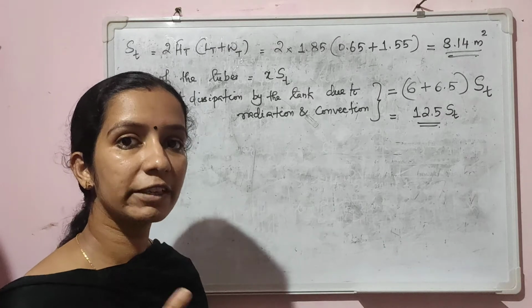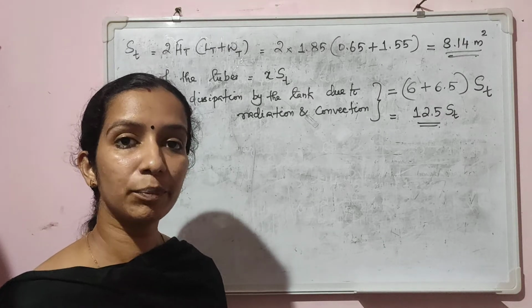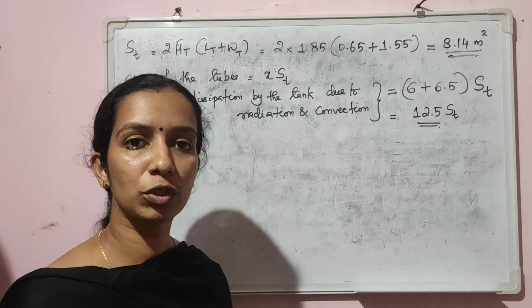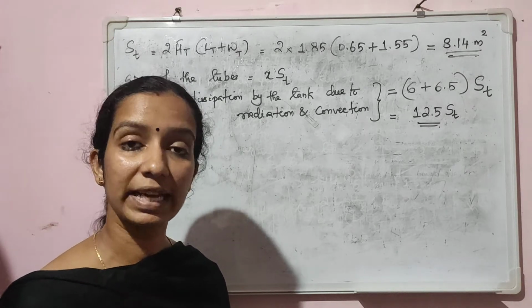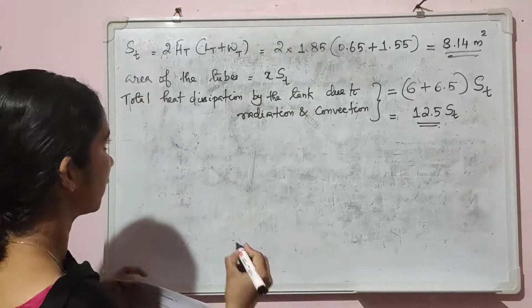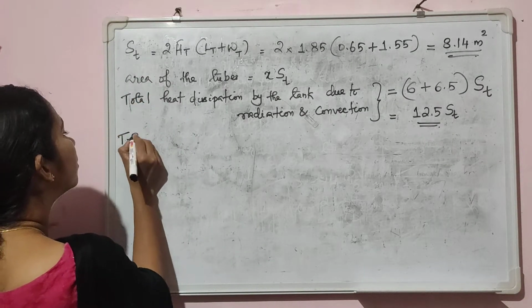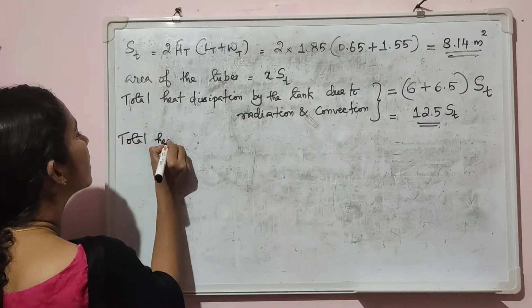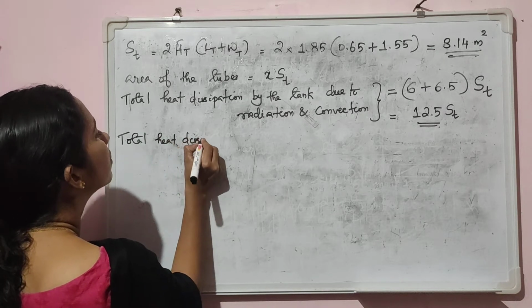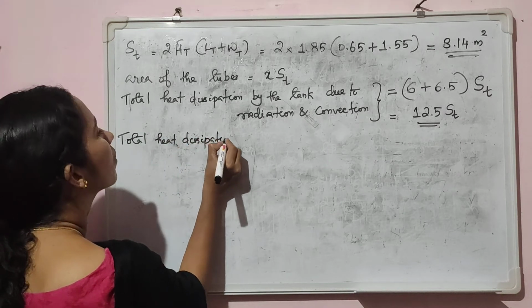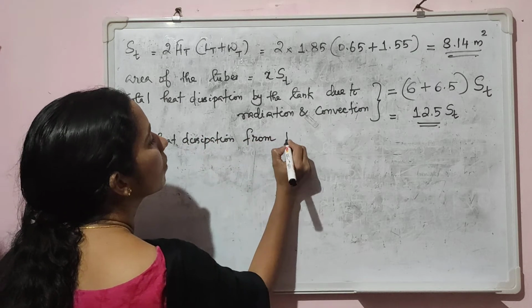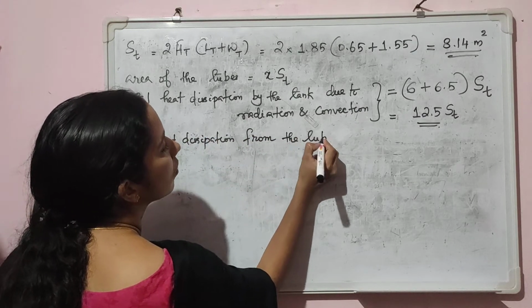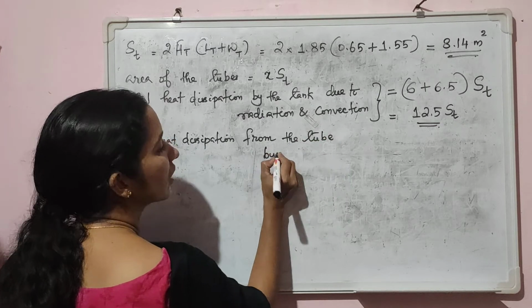And it is given in this question that the improvement in convection due to the provision of tubes is 40% more than that without tubes. So let us write total heat dissipation from the tube by convection.